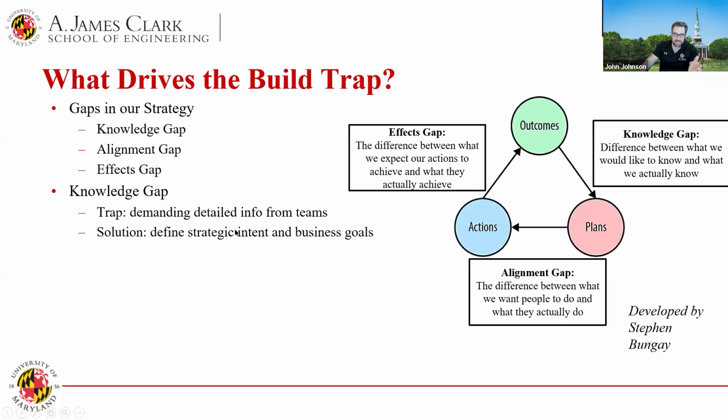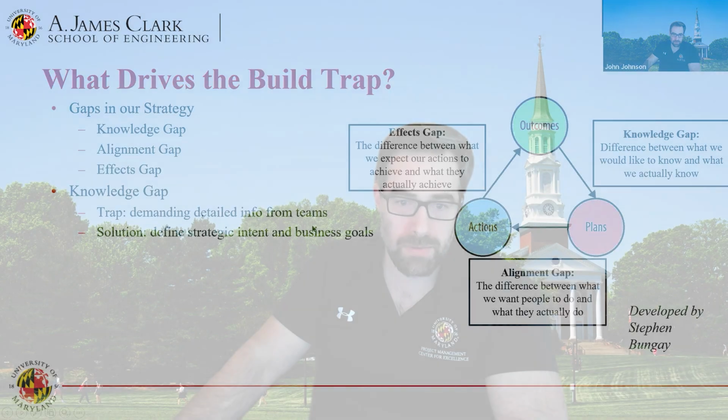We haven't done the assumption testing. So the trap is demanding detailed info from teams and trying to get lots and lots of data from them on every aspect of what they're seeing. And the solution is to avoid doing all that and to instead define strategic intent and business goals. I'm going to talk about how you can do that.